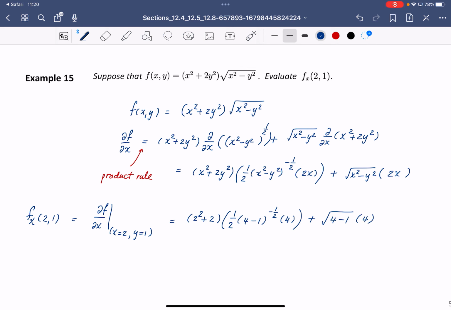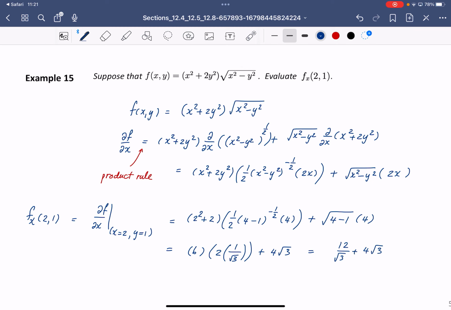So you compute everything, and you get 6 times 2, and then here you get 1 over square root 3, and then plus 4 square root 3. So the answer is 12 over square root 3 plus 4 square root 3.